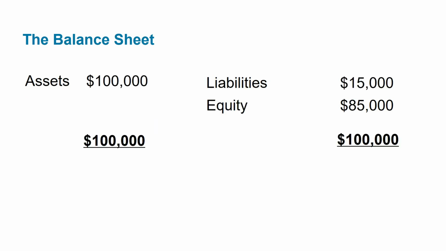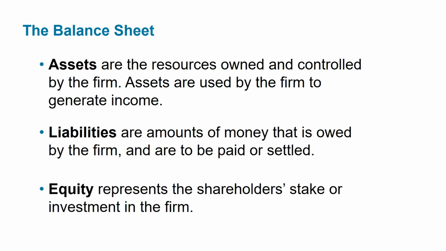So, as we focus even more narrowly on this equation, you can see the assets of the firm being $100,000 would have been financed by the liabilities of $15,000 and the equity capital of $85,000. So let's take a detailed look at what these assets, liabilities, and equity represent.